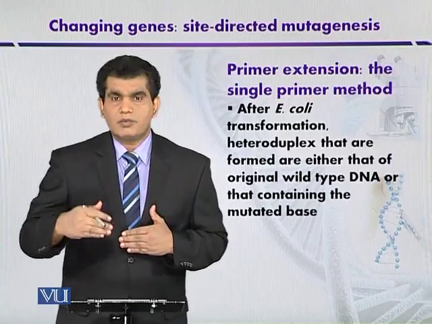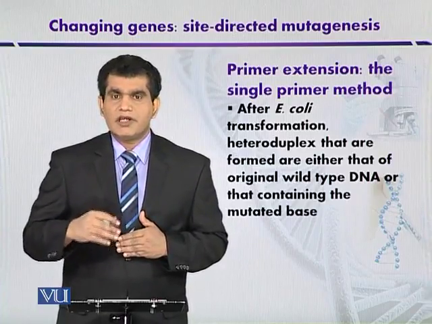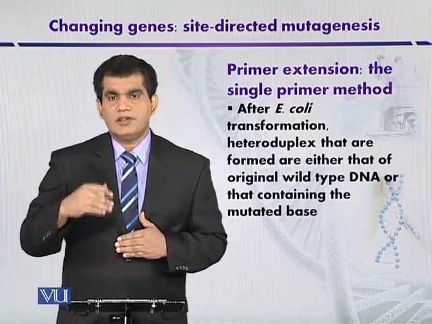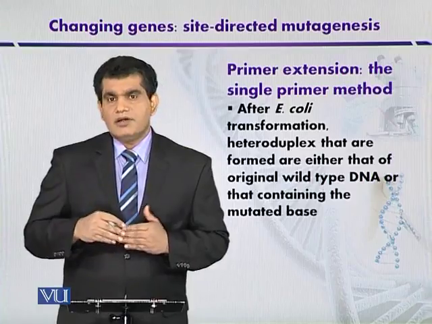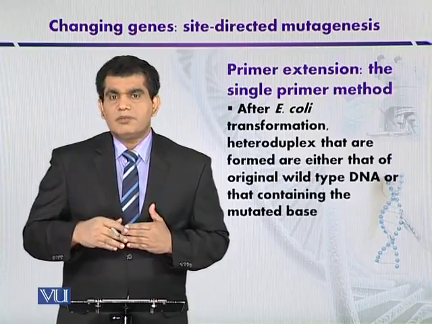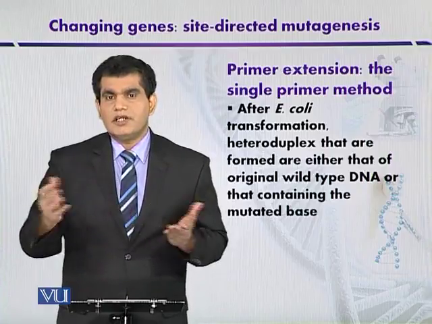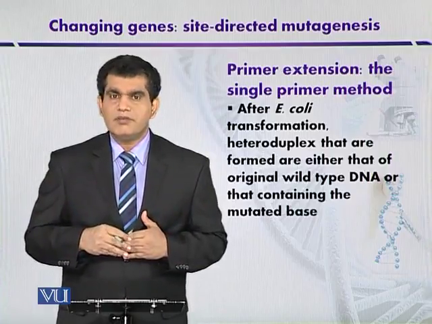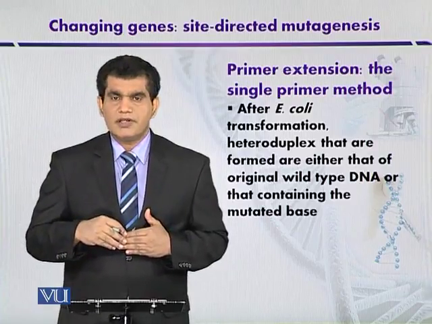It is incorporated, although the frequency may be very low, but such mutants are there, and those mutants are then detected. For this purpose we must have a probe, a short DNA sequence, as you are well familiar, that can be used during the process of hybridization.